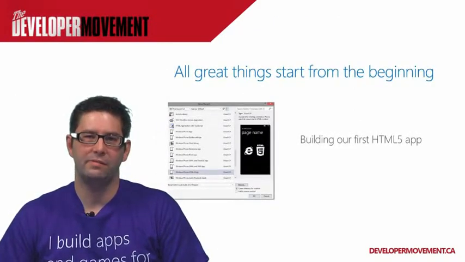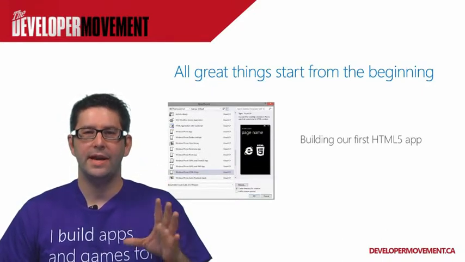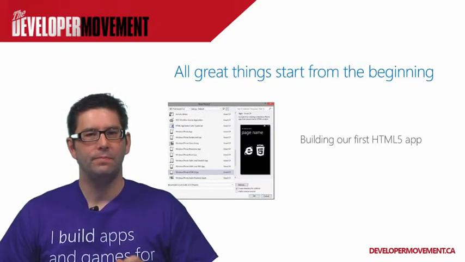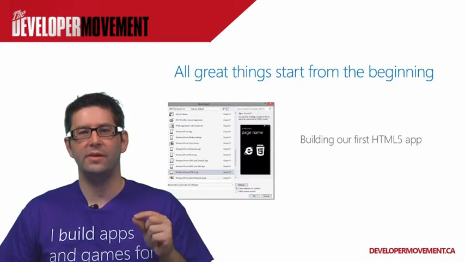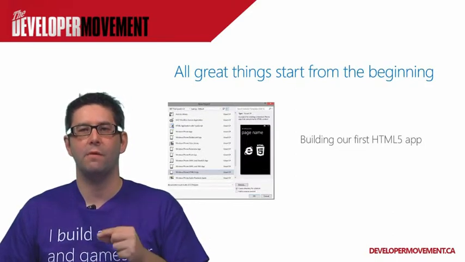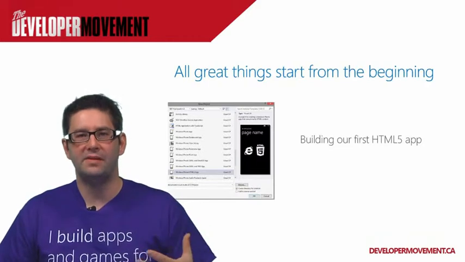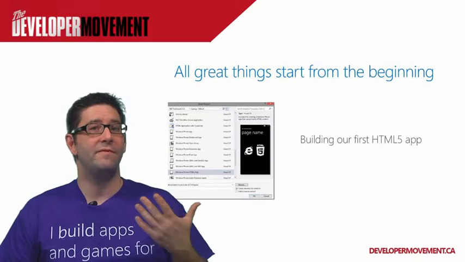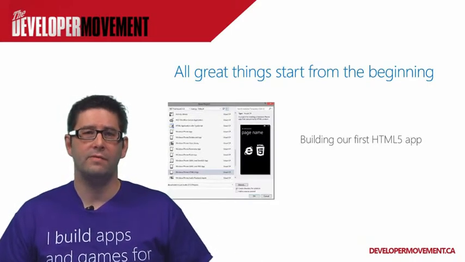So either way, you get the project template to build great HTML experiences. And if you're familiar with PhoneGap, this will be very familiar to you as well. There is official support in Windows Phone 8 for PhoneGap. We've worked with Adobe to make sure that the PhoneGap SDK has been updated for Windows Phone 8. Likewise, Windows Phone 7.5 and 7.8 are supported as well, just with a different template.